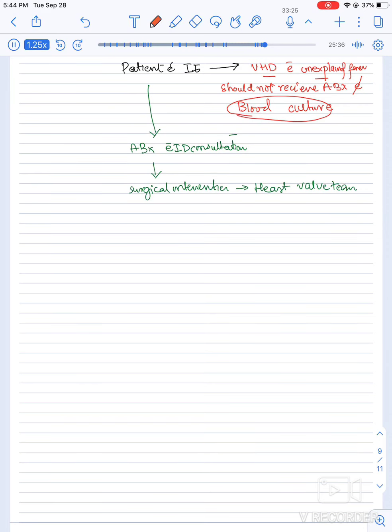All right. And then what are the conditions in which one will consider the early surgery? So the class 1 indications for early surgery include valve dysfunction causing heart failure symptoms, or if the infective endocarditis is caused by Staph aureus, fungal infection, or highly resistant organisms.